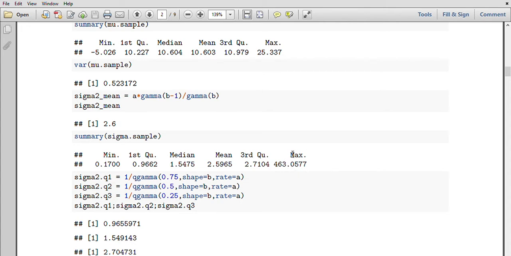Maximum is 463. See, if you reduce the sample size, this maximum will be a lot lesser, because we are generating a sample of size 10 raised to 5, which is quite large. So we are able to cover the tail regions also. That is, even rare observations, the region which carries less probability, that region also gets covered when you simulate samples.